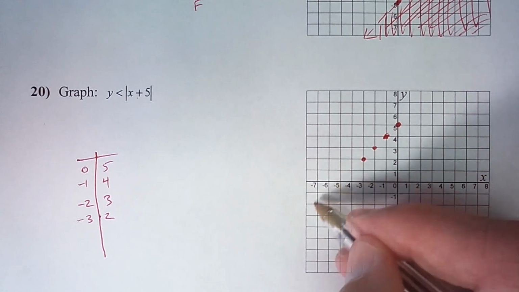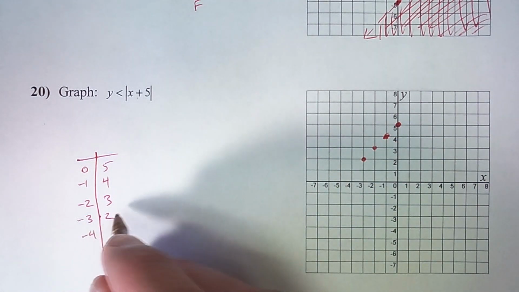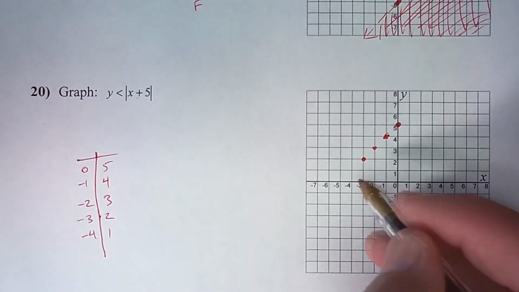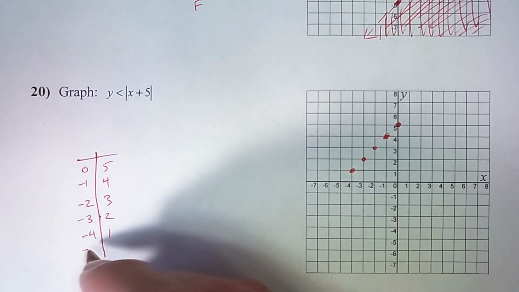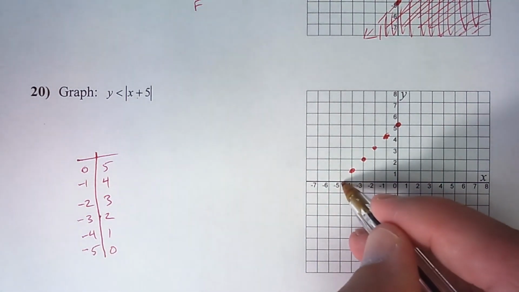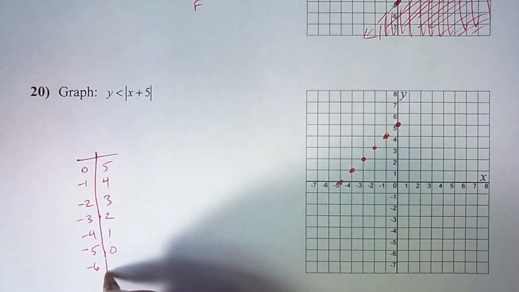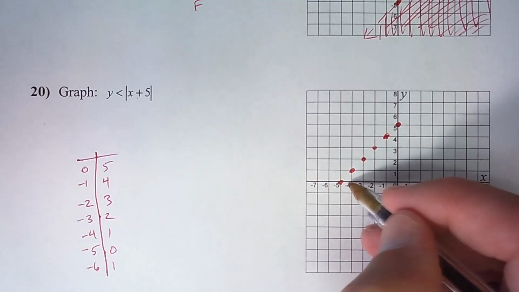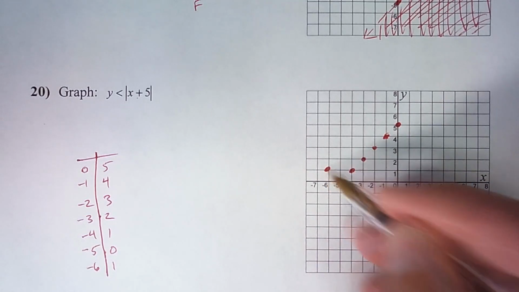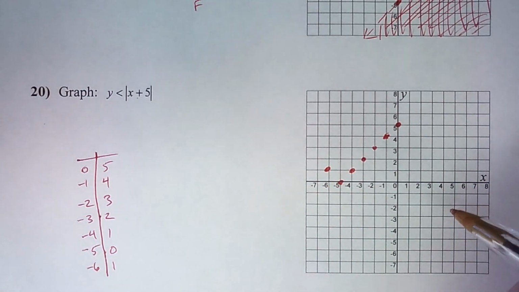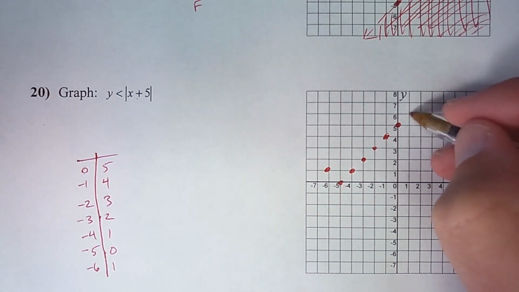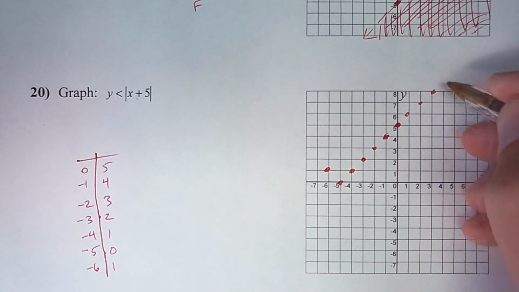Okay, so we're still continuing this same direction. -4 plus 5 is 1. Absolute value is 1. -5 plus 5 is 0. Absolute value is 0. -6 plus 5 is -1. Absolute value is 1. -6, 1. And there we go. We have found where it turns. Okay, so now I can just follow the patterns I've established here.